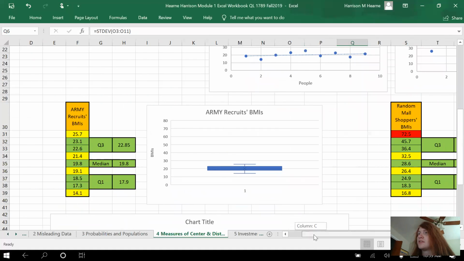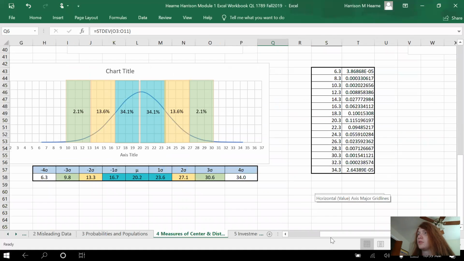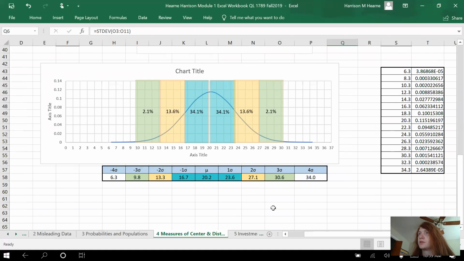That means that, here's my nice pretty bell curve. So that means that for each standard deviation, which is each one of these sections of the bell curve, that should take up 3.5 spaces along this x-axis.